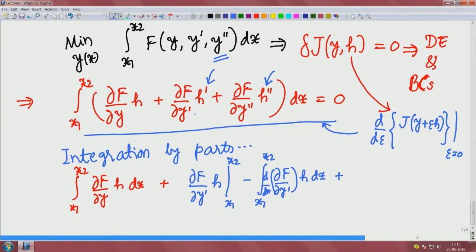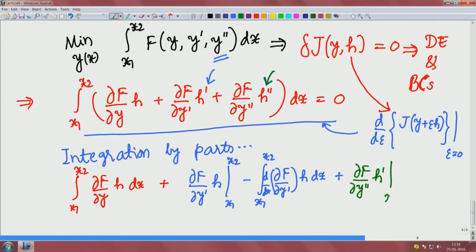Now, let me use green color for the third term. We do integration by parts for that. You get dou f by dou y double prime as the first function, times the integral of the second function. The second function here is h double prime. Okay. Now, if you do integration once, you get h prime.